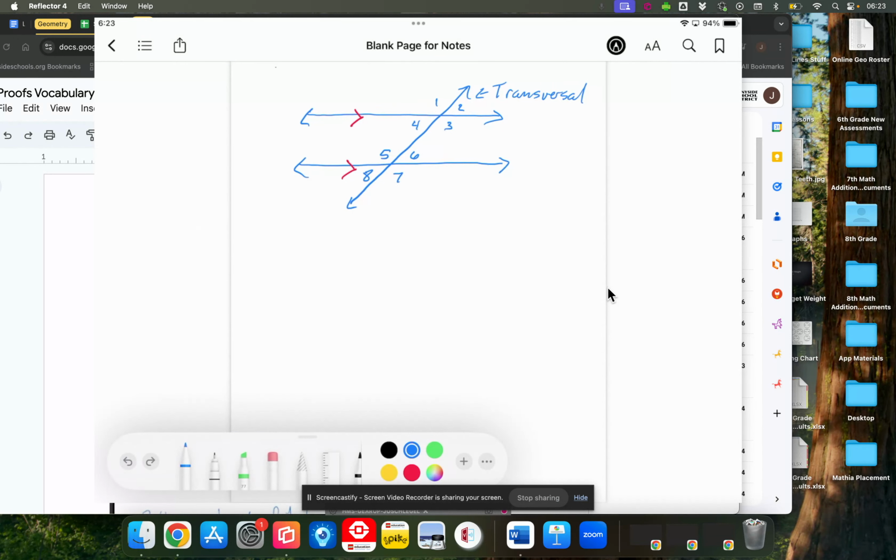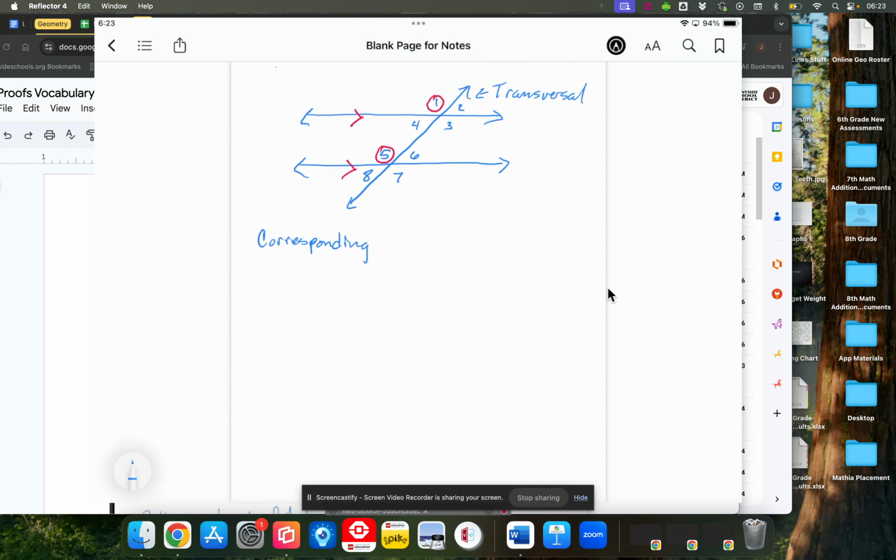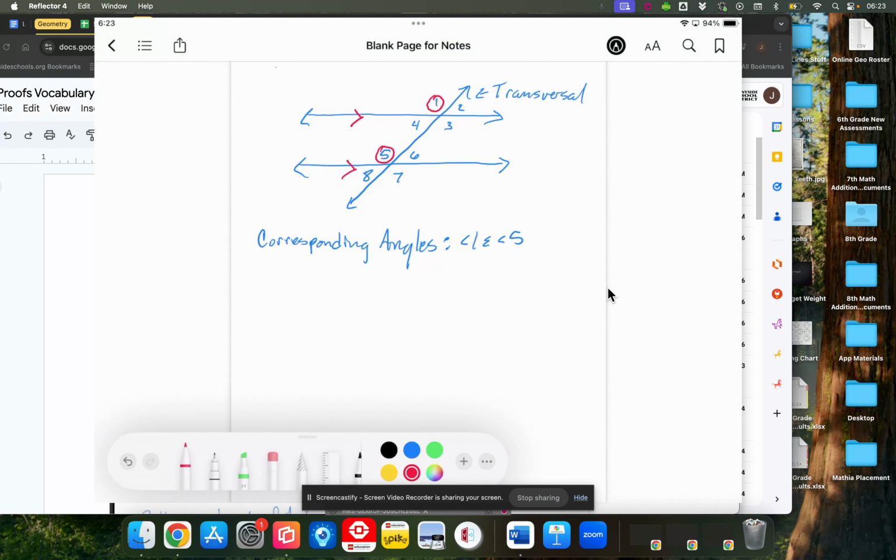So if we look for angles that share the same spot in a different place, so the upper left part of the transversal, we can say that our corresponding angles are angle 1 and angle 5. We can also say that angle 2 is corresponding to angle 6.